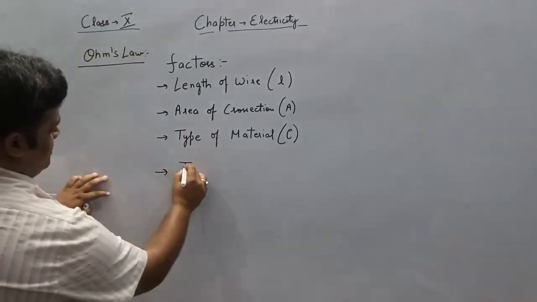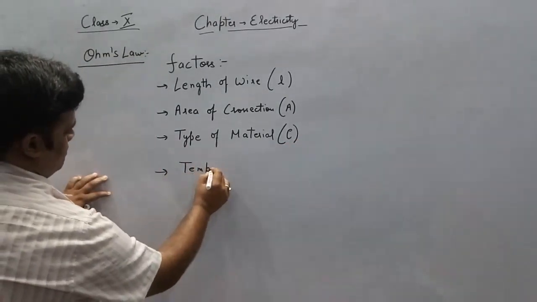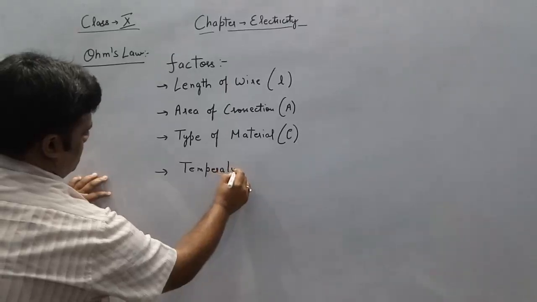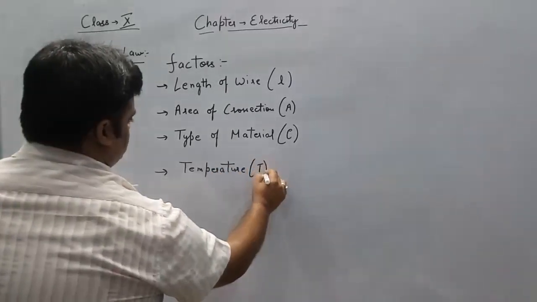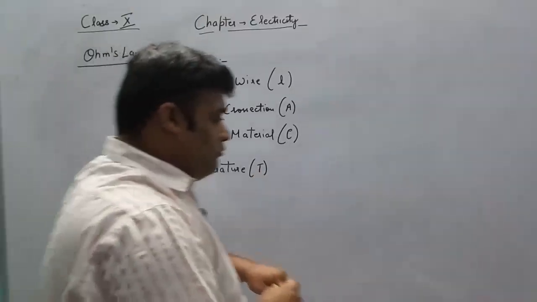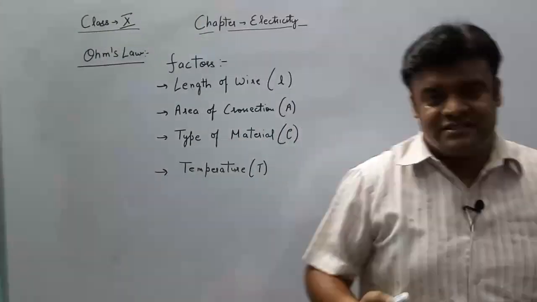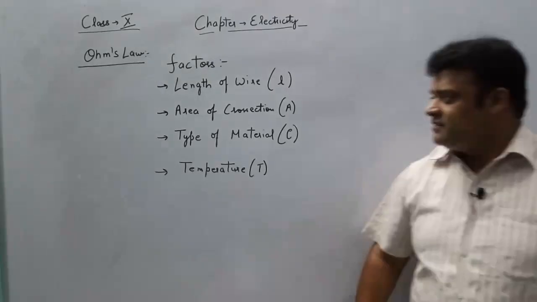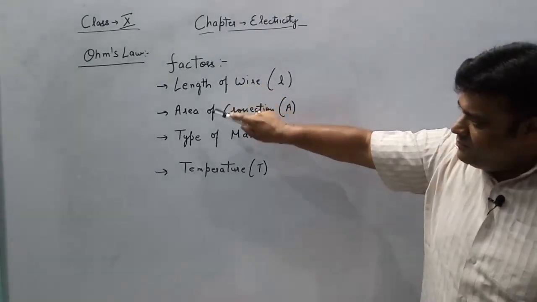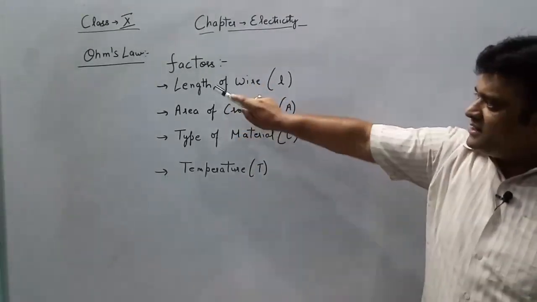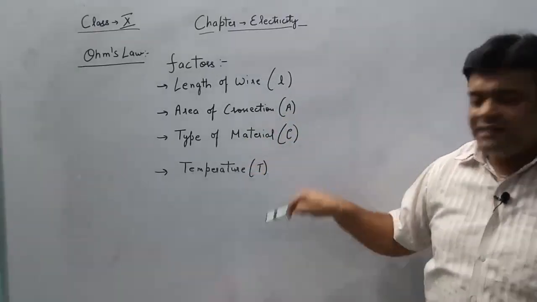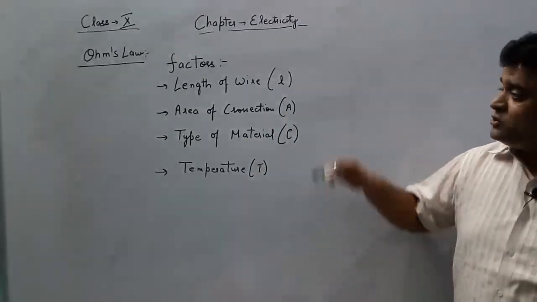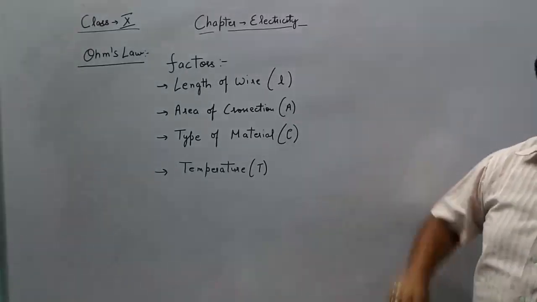And the fourth point is temperature. So the factors which affect resistance in a wire are these four: length of wire, area of cross section, type of material and temperature. First we will discuss these two conditions, that is length of wire and area of cross section.